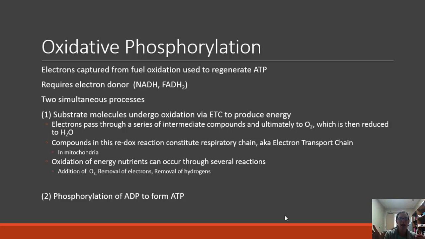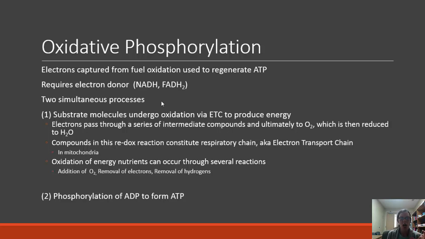They transferred them from a substrate onto either NAD or FAD, and so now these become electron carriers, okay? And then these electron carriers are going to go to the electron transport chain. And this is where we really have our oxidative phosphorylation to produce ATP. So here's what's going to happen.